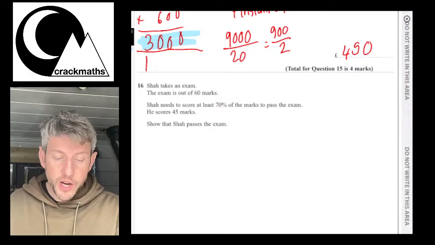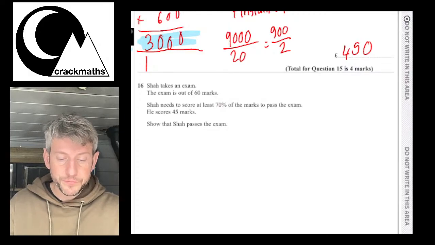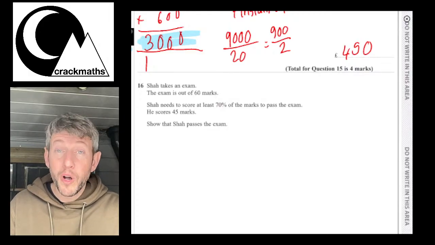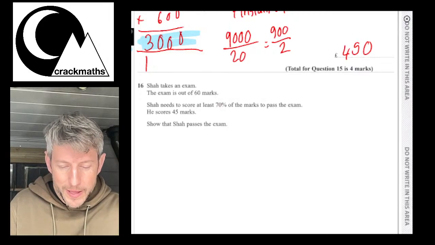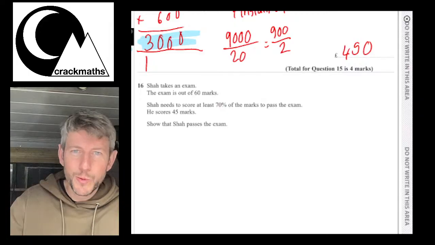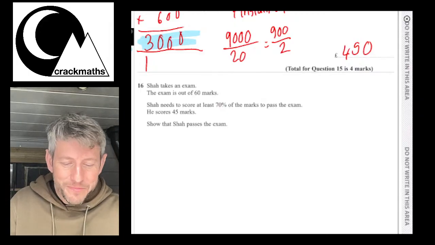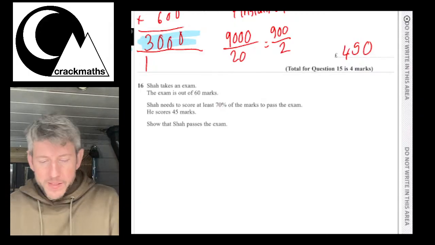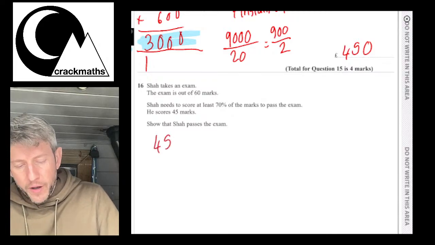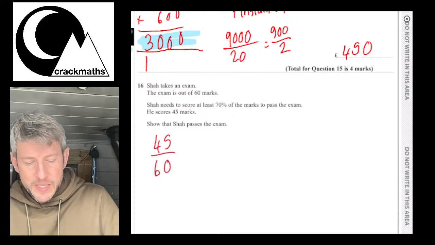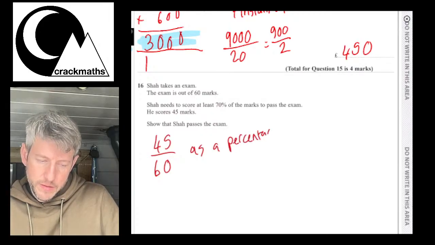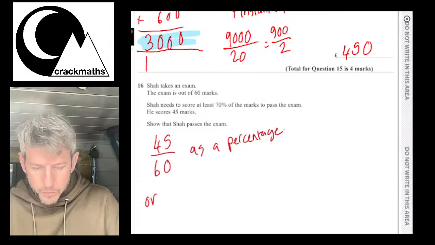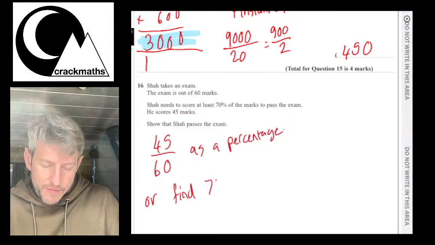Okay, so we either need to work out what 45 out of 60 is as a percentage, or find 70% of 60.